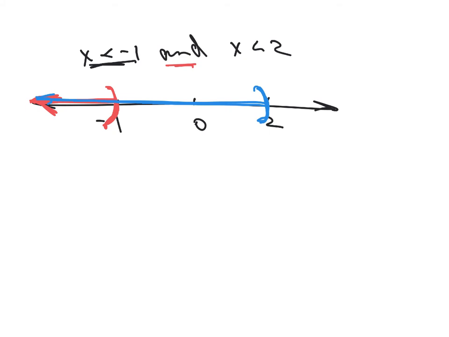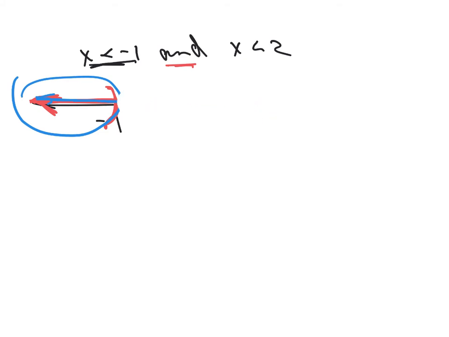Okay, again, because of the and, we look at where the red and the blue intersect. It's an intersection. Remember the other ones, when it was or, was a union. When it's and, it's an intersection. So the answer actually is that: my graph starting at -1 and going into infinity to the left.